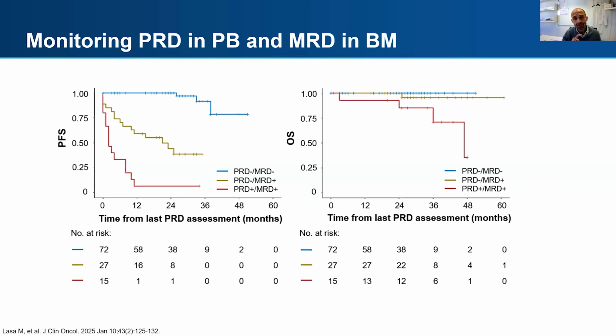But on the other hand, let me also emphasize that blood is becoming so informative that even if the patient shows positive residual disease in the marrow, looking at the blood will inform the doctor of whether or not the patient is at risk of progression, let's say, for example, in 2 years' time, if negative in the blood, or by contrast, the risk of progression is much higher in a few months if the patient is positive in the peripheral blood.